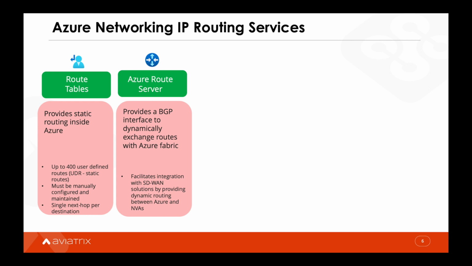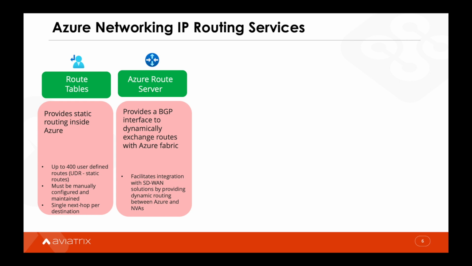are capable. Now, when multiple speakers advertise the same network prefix to Azure Route Server, meaning they have the same BGP path attributes, Azure Fabric will perform equal cost multi-pathing. And by the way, Azure Route Server only uses AS path length to compare routes.